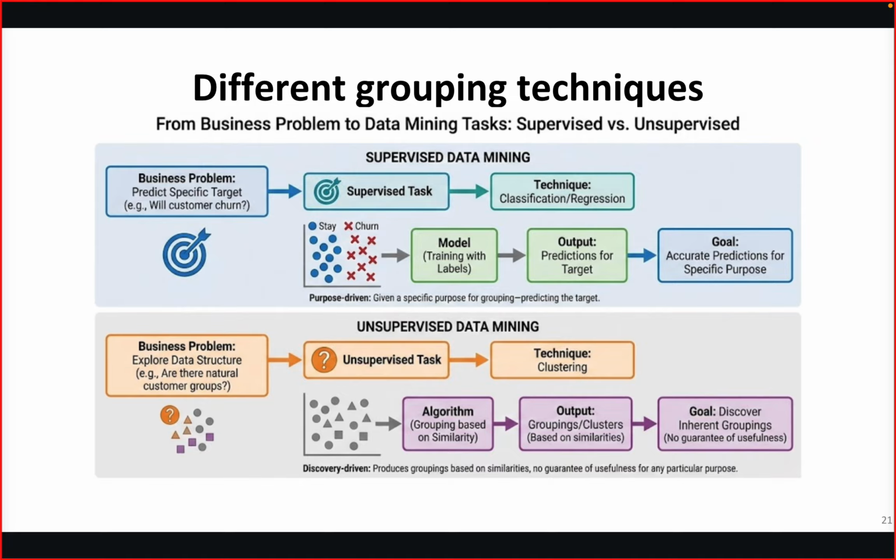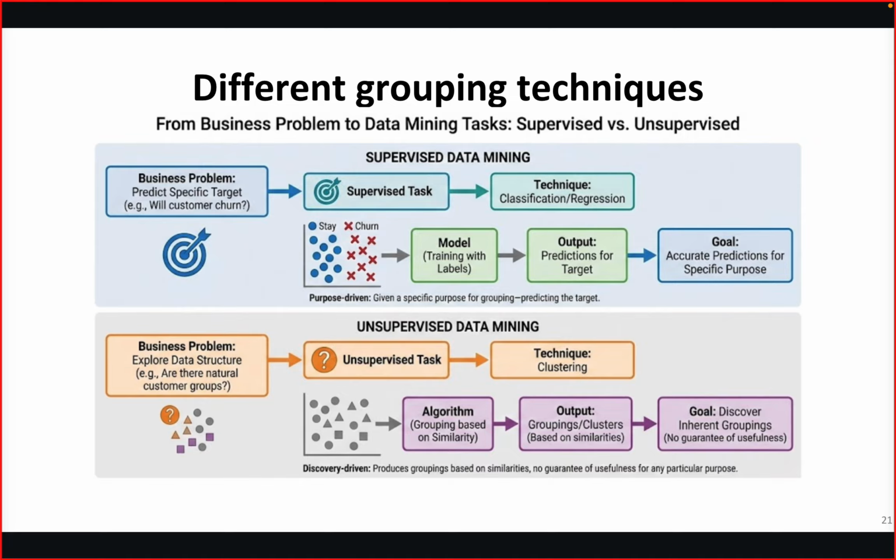Now, we mentioned the algorithm, right? It's a program that groups based on similarity. Based on their similarity, the algorithm tries to create a new class or new label for individuals. So our output will be clusters, or groupings. The goal is different.